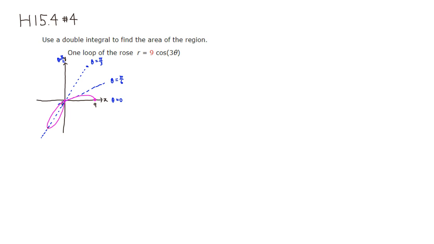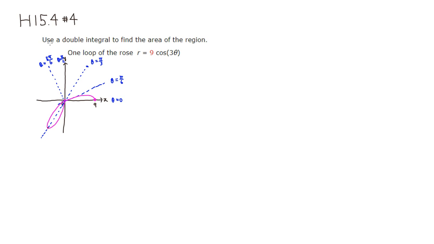Then you go another one. Pi over 2 would be 3 pi over 6, so you have another one. So this is going to be theta equals 5 pi over 6.